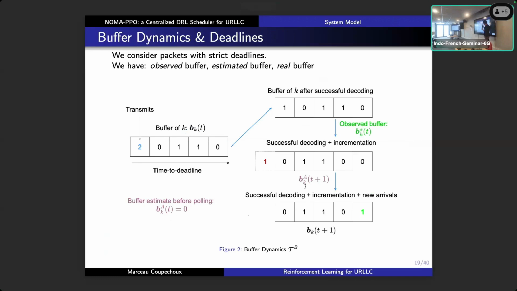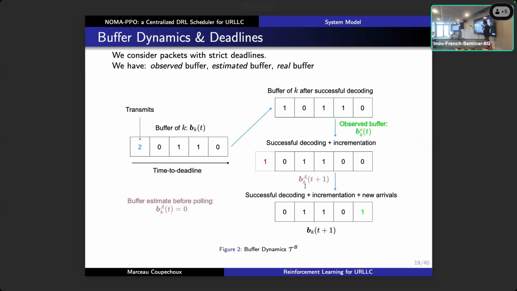So this one will be lost because it's too late, and the others just jump by 1 step. So for example, this 0 comes in the first place, this one comes in second place, and so on. So we just move the buffer. And if you have a new arrival, for example with a time to deadline of 4, you have 1 new packet here in the buffer.